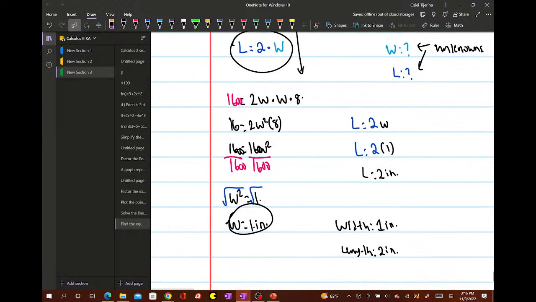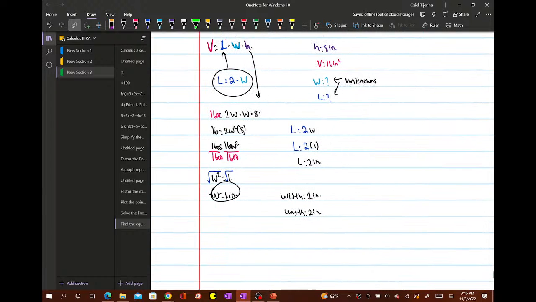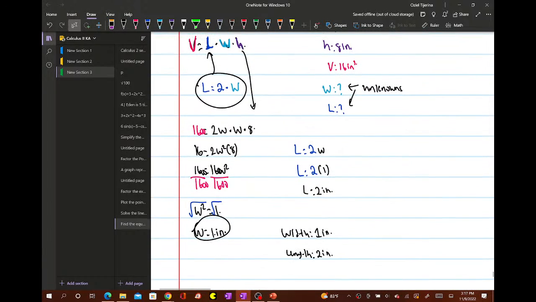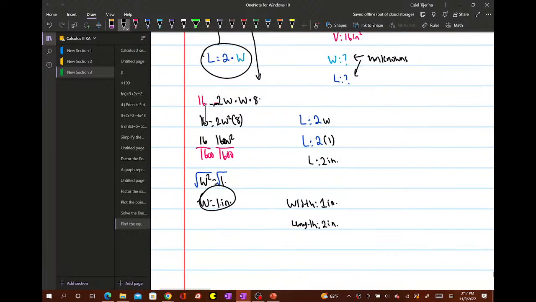Let's just say the volume was 16 inches cubed. But yeah, that's the whole idea. I just forgot to make it into thousands, but that's the basic idea behind this problem that we're trying to do.